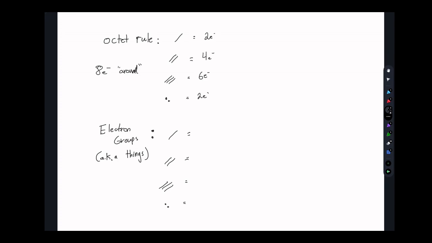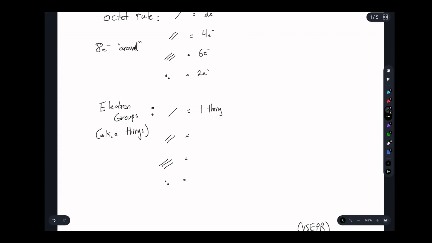Now, the alternative definition I want to give you is this concept of electron groups. I like to call this the definition of things. It's really just that simple. We're going to count how many things each one of these represents around an atom. So say we have a bond, that's one thing around our atom. A double bond, you might be tempted to say that it's 2 things, but it's really just one thing around an atom.